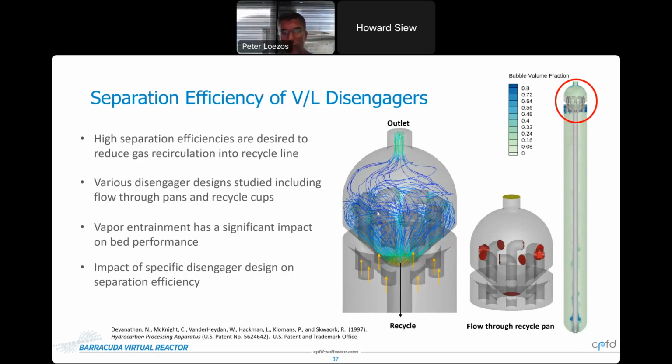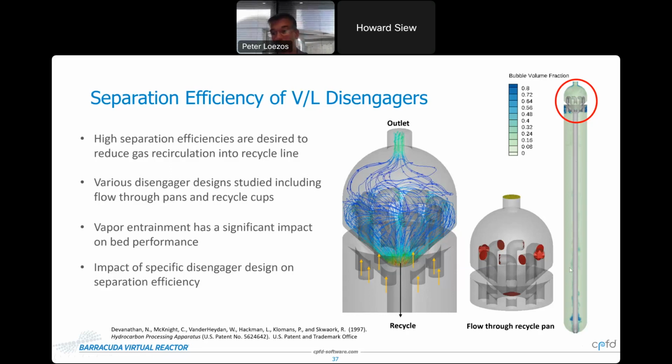Okay, so as I mentioned before, vapor entrainment can have significant impact on bed performance. It can be quite a problem. If you have a significant vapor entrainment down this line, it's going to come back to the feed zone and back up into the main bed. So what's going to happen there is you're going to increase the vapor volume fraction, decrease the contact time, as well as having other negative impacts.